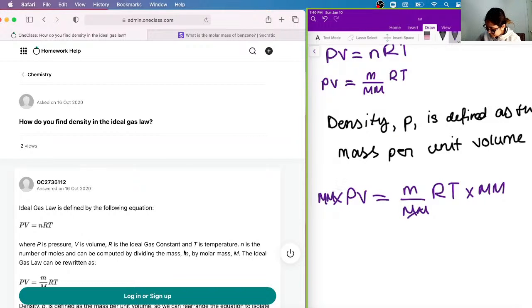Okay. We got rid of this, so you have molar mass times pressure times volume is equal to mass times RT.